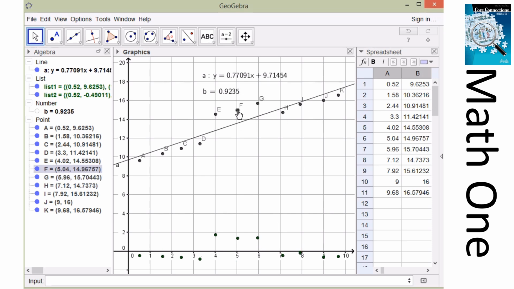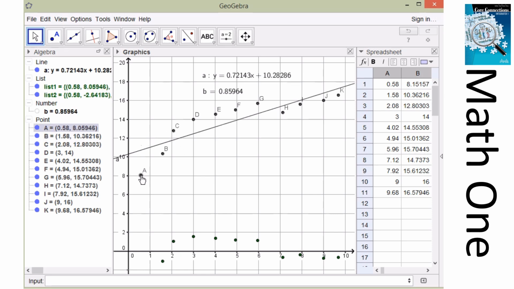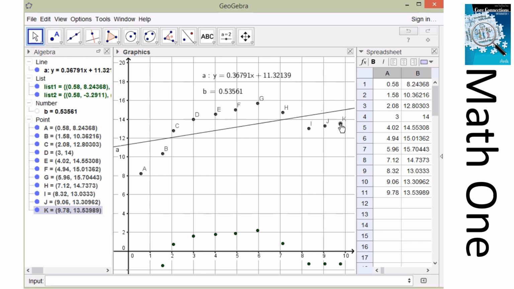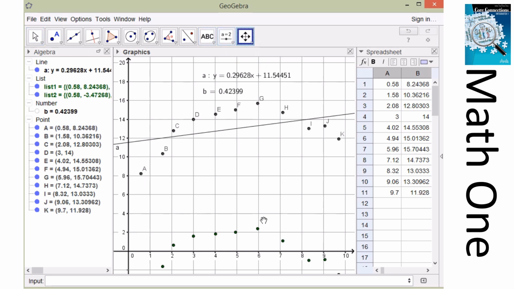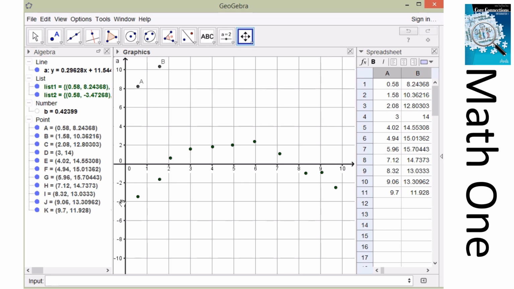One of the things to look for is a clear pattern in your residuals, where the data points are above and below the line. If I look below at my residual plot and I see this kind of pattern, probably a linear model is not the best model for this data. There's perhaps something going on here.